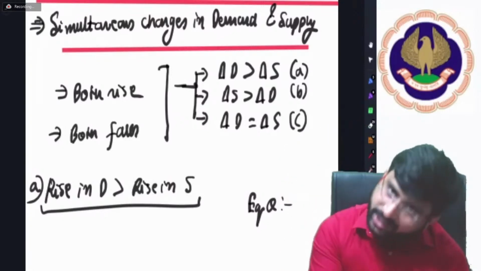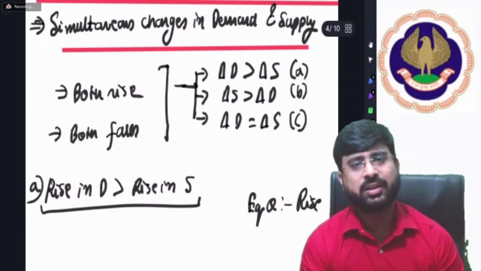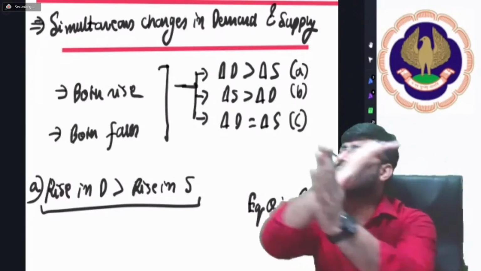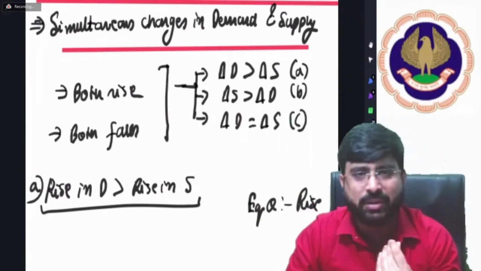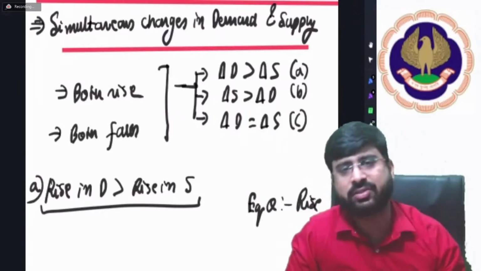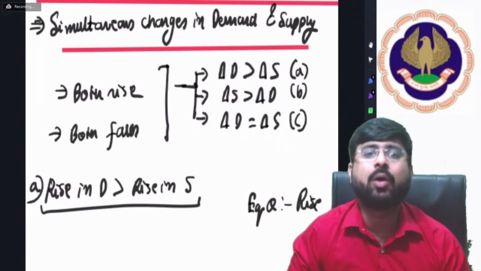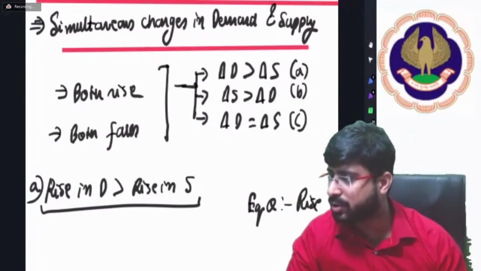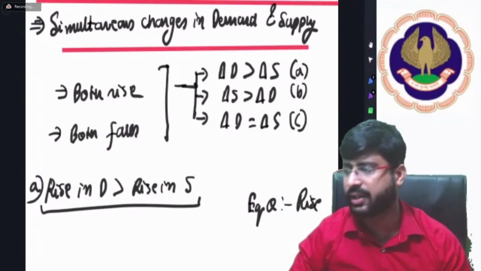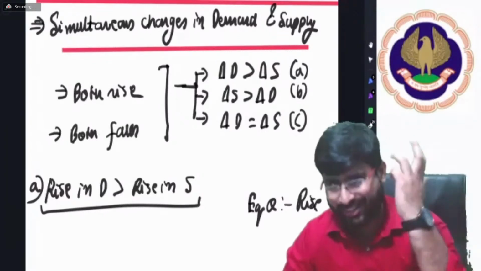Obviously, equilibrium quantity will also rise. Common sense. If there is one equilibrium and both the factors are rising in the same direction, obviously the equilibrium quantity attached to that has to rise. I mean, what is the logic for it not to rise? Correct. Yes.